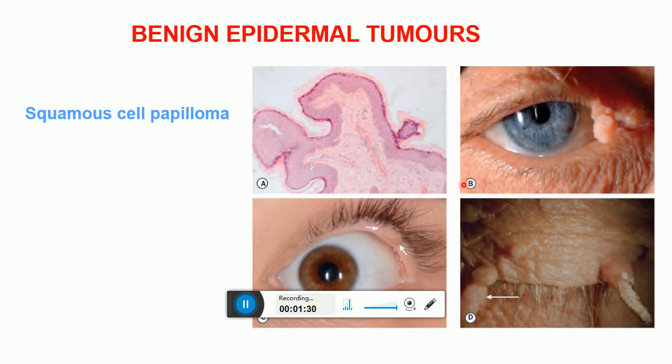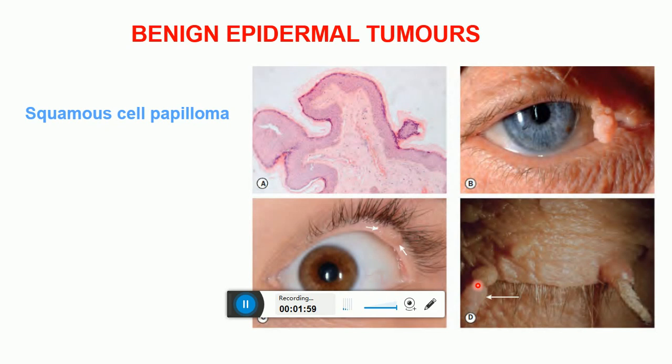Pink broad-based, here you can see pink broad-based sessile, and here you can see whitish thread-like filiform hyperkeratotic lesions similar to a cutaneous horn. This is cutaneous horn.